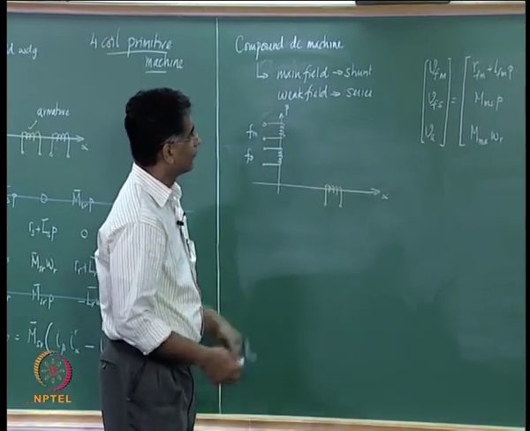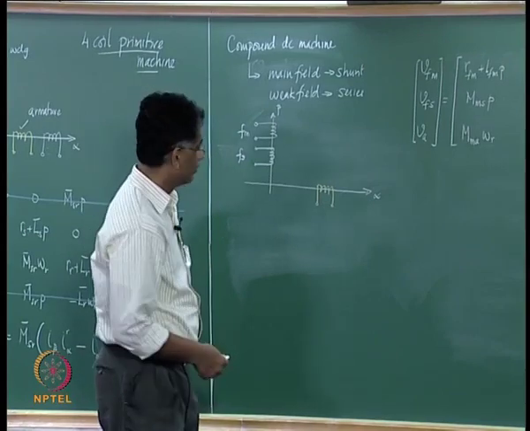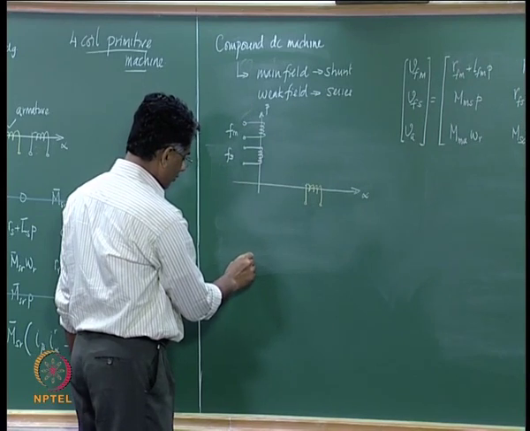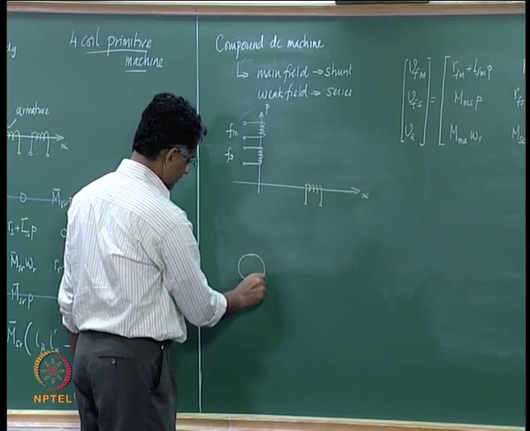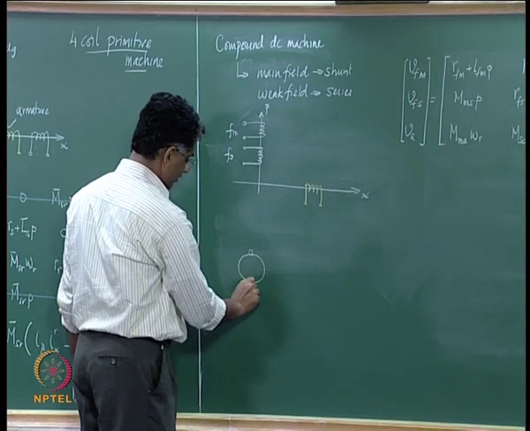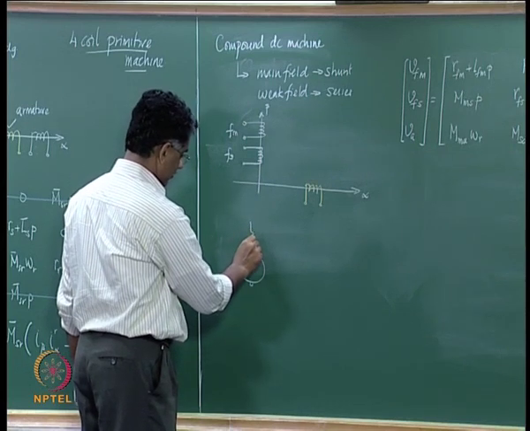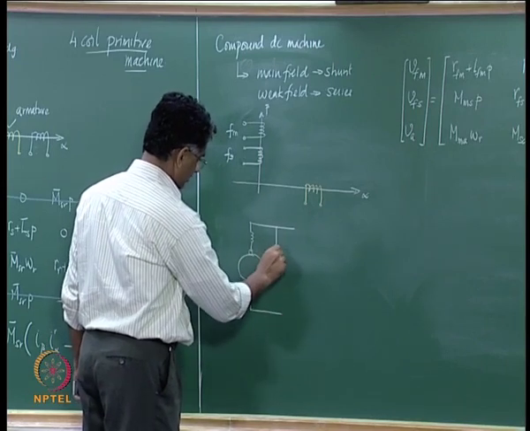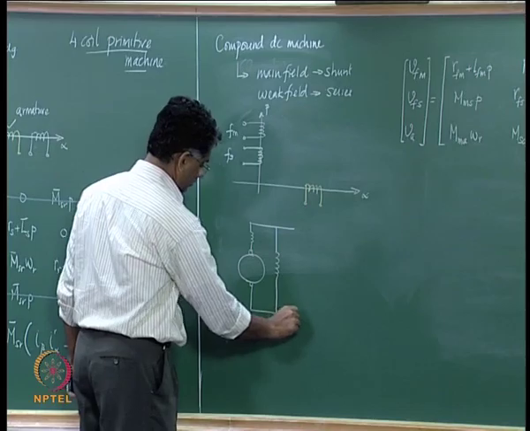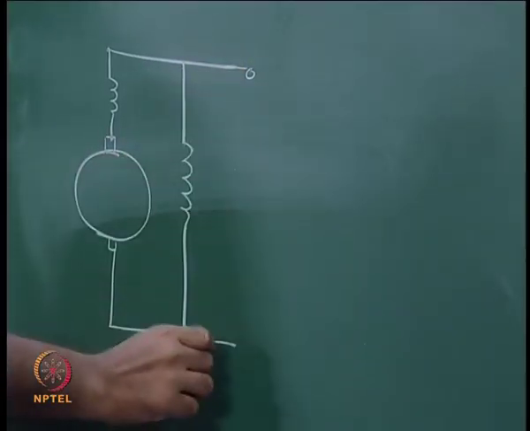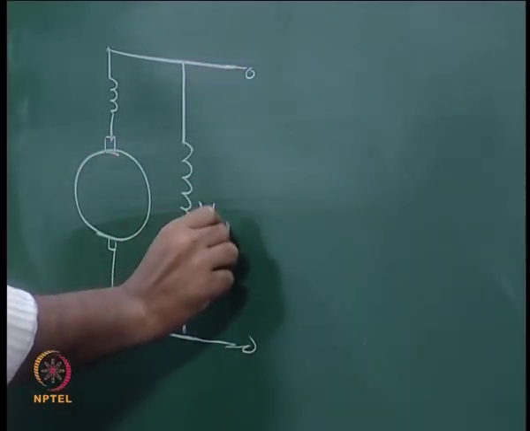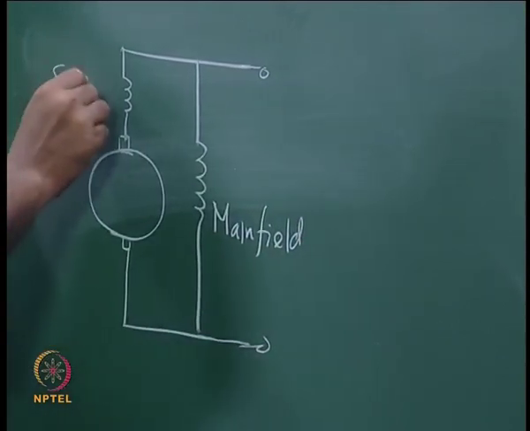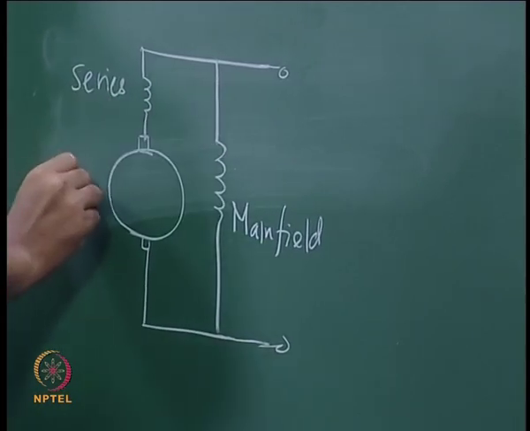And then if you are going to look at the machine being operated like this, normally what happens is you have the DC machine armature and then you have the series field, this may be connected here, and this is the main field, and here you have the series field, this is your armature.